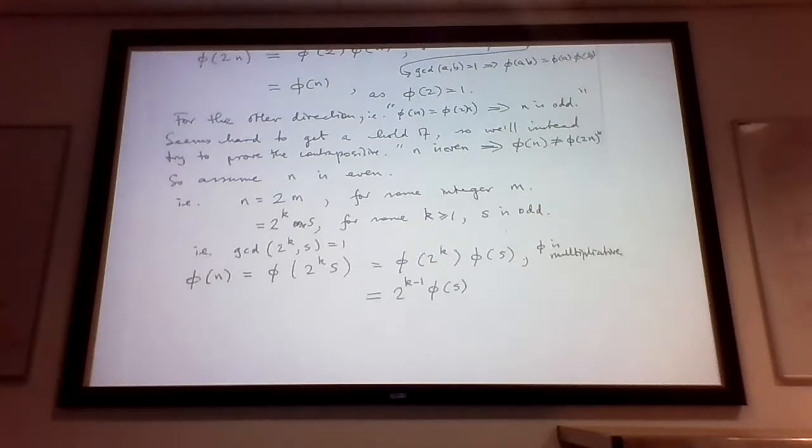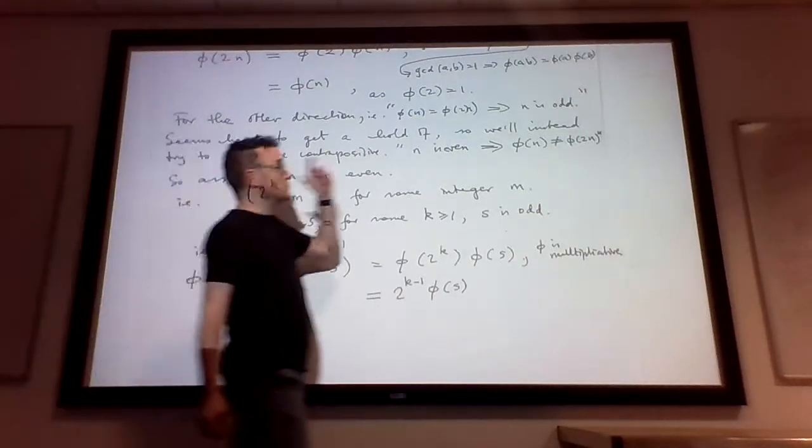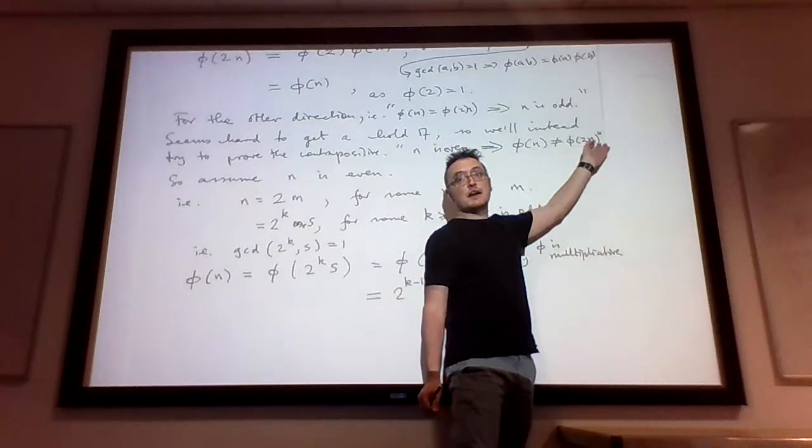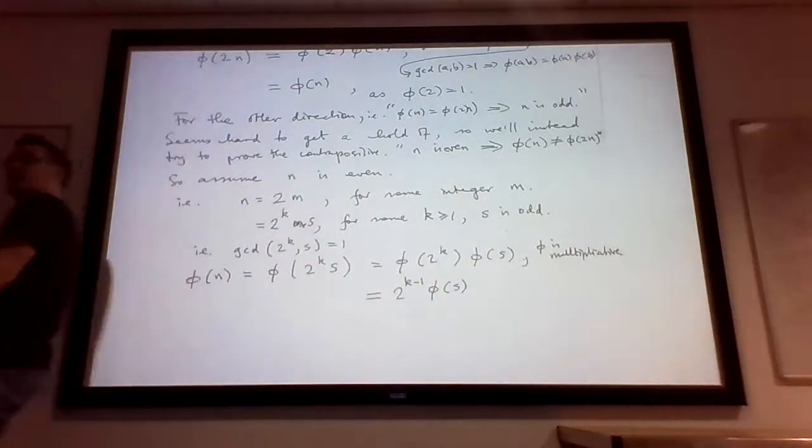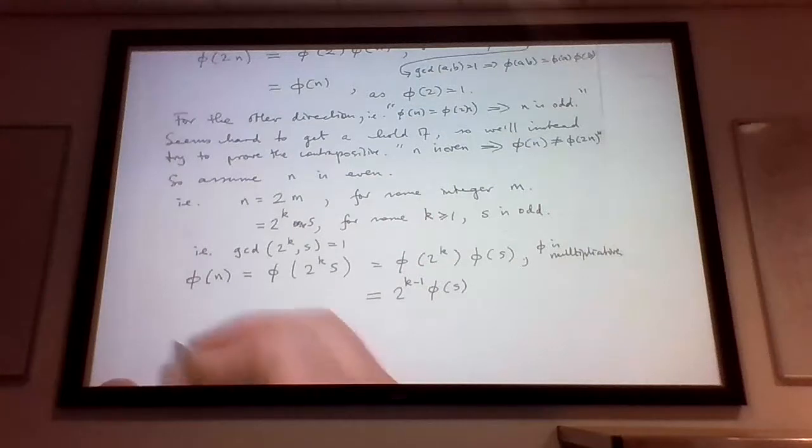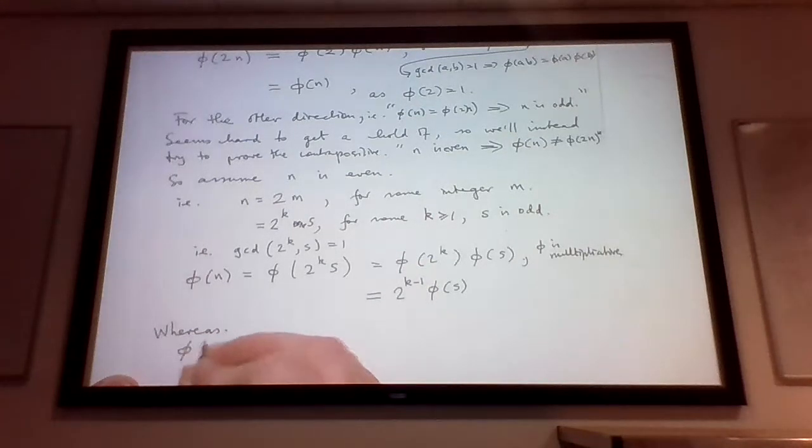Okay. Well, that's phi of n. Remember, I'm trying to prove that phi of n is not the same as phi of 2n. So now let's examine phi of 2n. And I might discover they're the same, in which case the thing is wrong, but let's think about what phi of 2n is going to be.